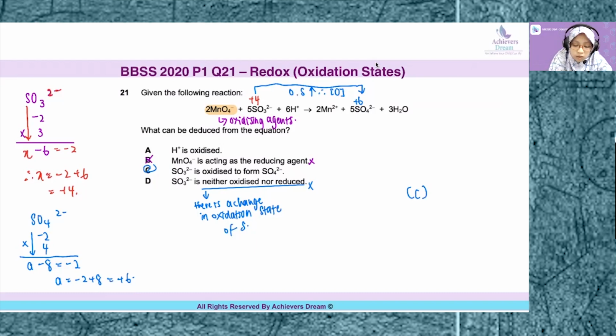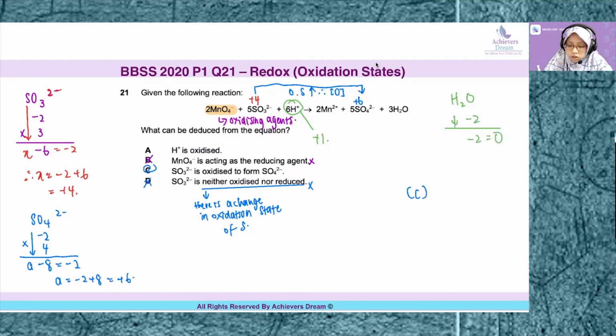Let's take a look at option A. H plus is oxidized. The oxidation state of H plus here, let me change color to green, is +1. When you look at the oxidation state of hydrogen in water, oxygen is -2 and the overall charge is 0 because this is a compound.